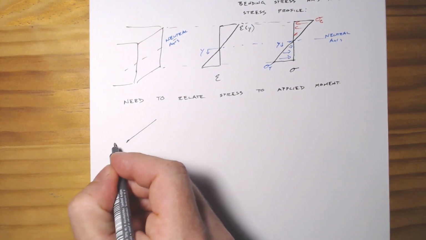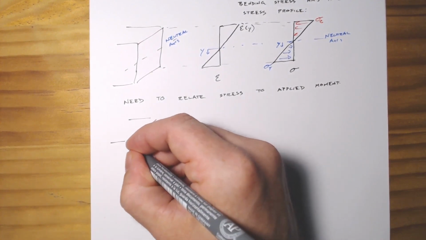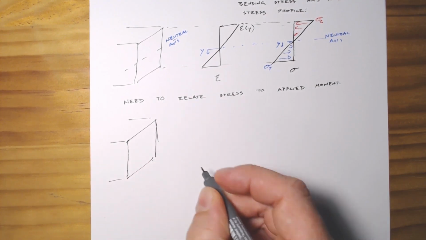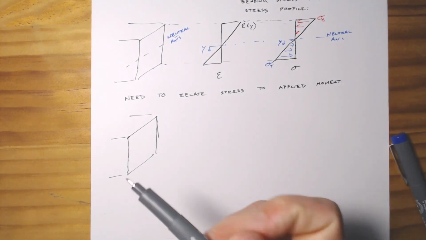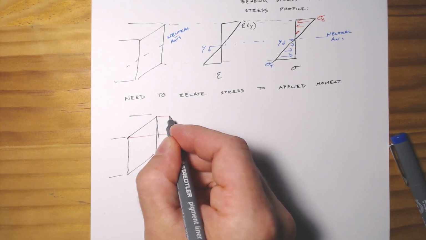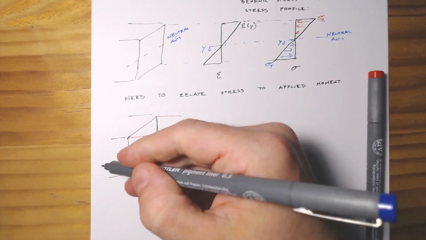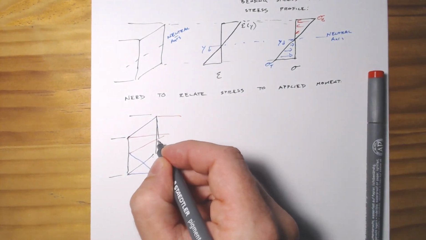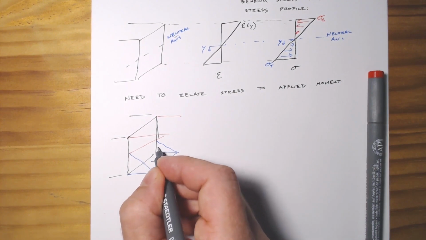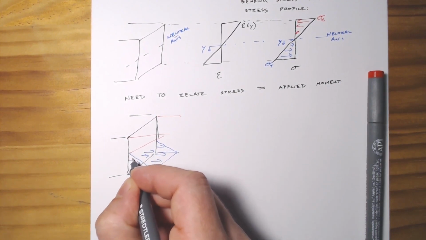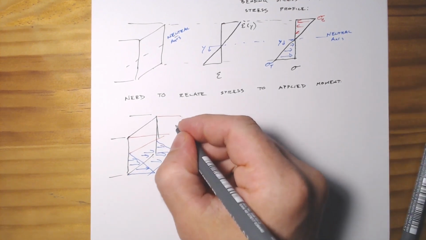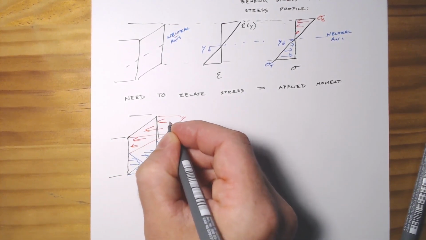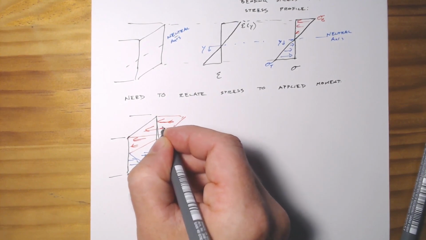All right, so if we have our cross section here, and it's got some, say we take a cut, say it's got some bending stress and some tension stress, and we'll just draw them coming out of the cross section like this, where you have your tension there, and your compression coming in like this.